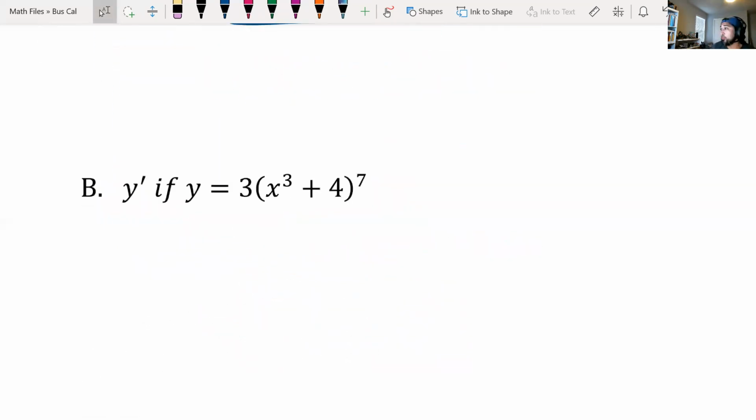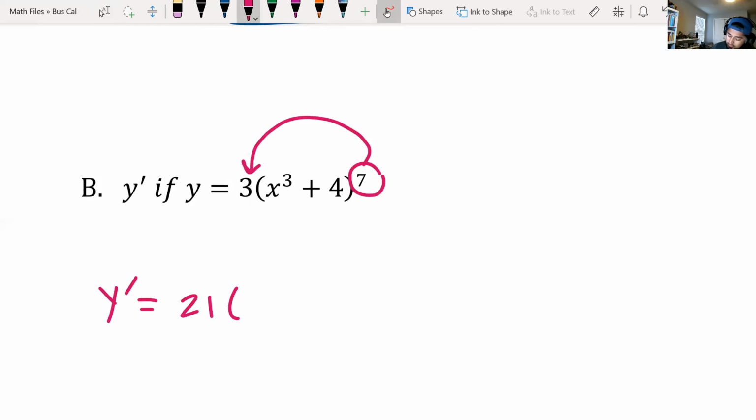Next one. Find y prime if y equals 3 times x cubed plus 4 to the 7th. So here we go, y prime. By the chain rule, this 7 will come down, multiply that 3. So we'll get 21. The inside stays the same, and my new power is 6. That's the derivative of the outside.